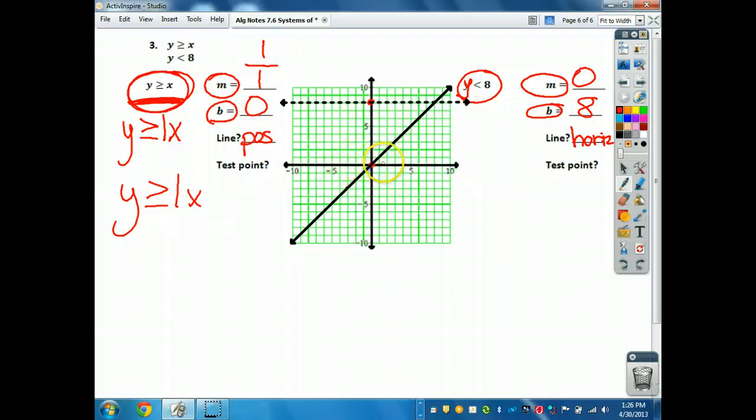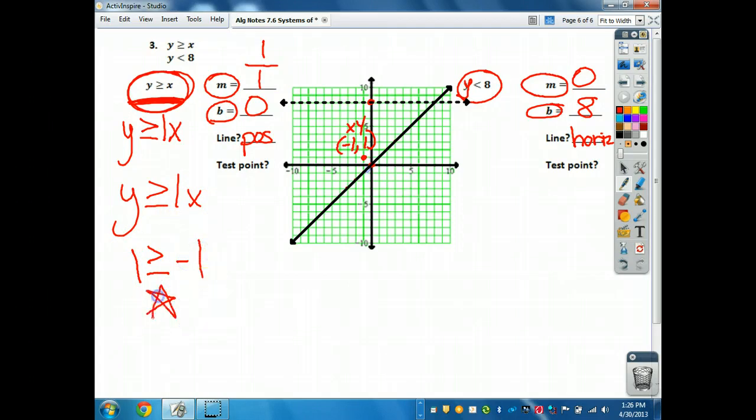You tell me. Do you want to stay in the positives or do you want to go -1, +1, or what do you want to do? I'm hearing -1, +1. Okay, -1, +1 for our x and our y. Now let's prove if they work or not. What is my y? 1. Is that greater than or equal to 1 times x, which is -1?